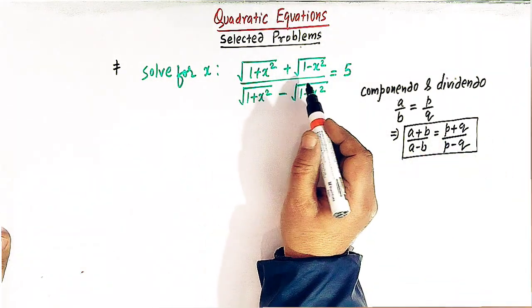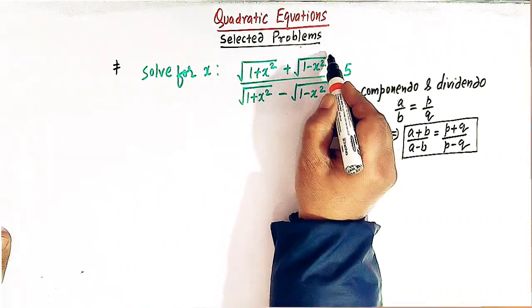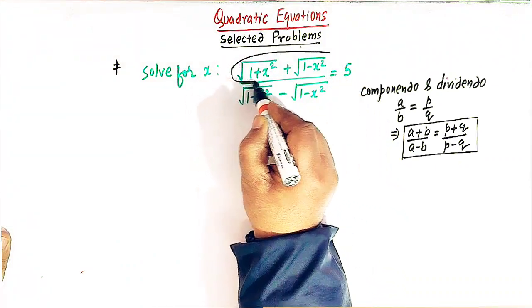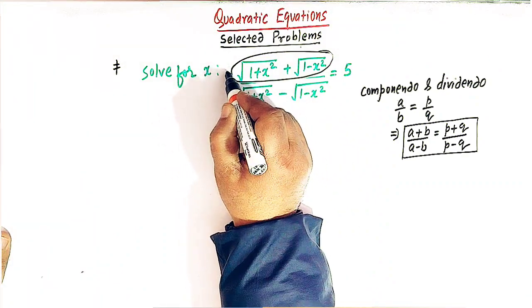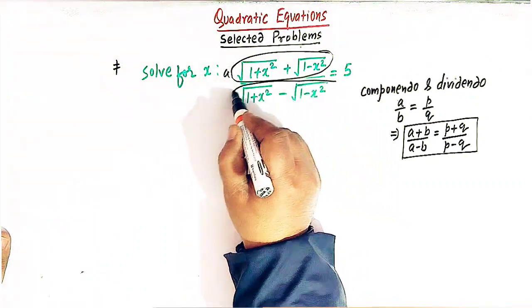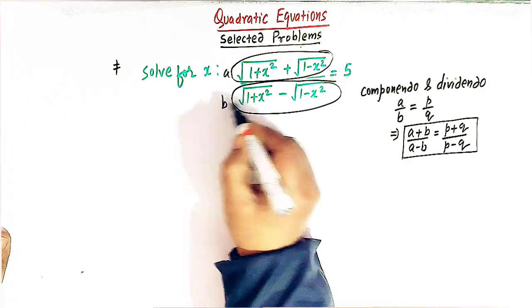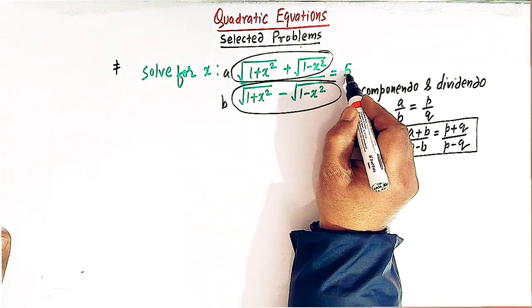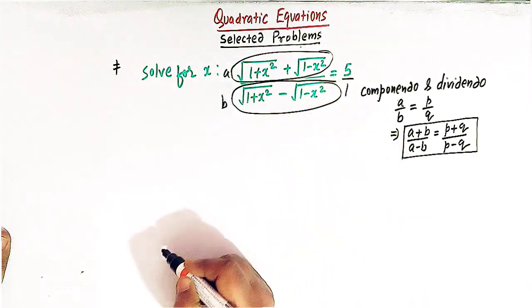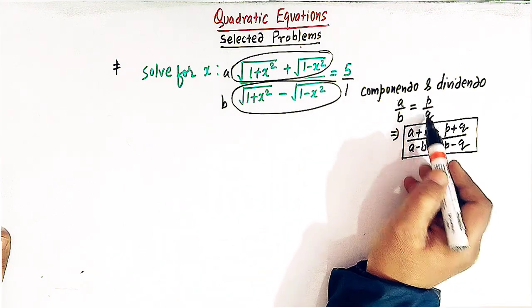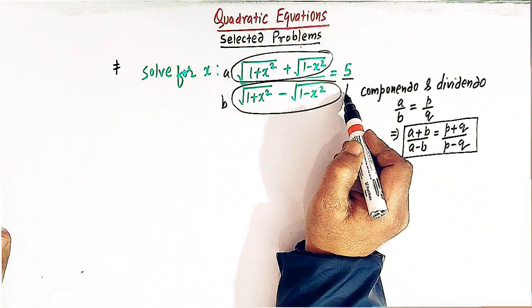So here we are given this equation. The numerator is A, and the denominator is B, and here we have 5, which can be written as 5 over 1. So we can take P by Q as 5 over 1.